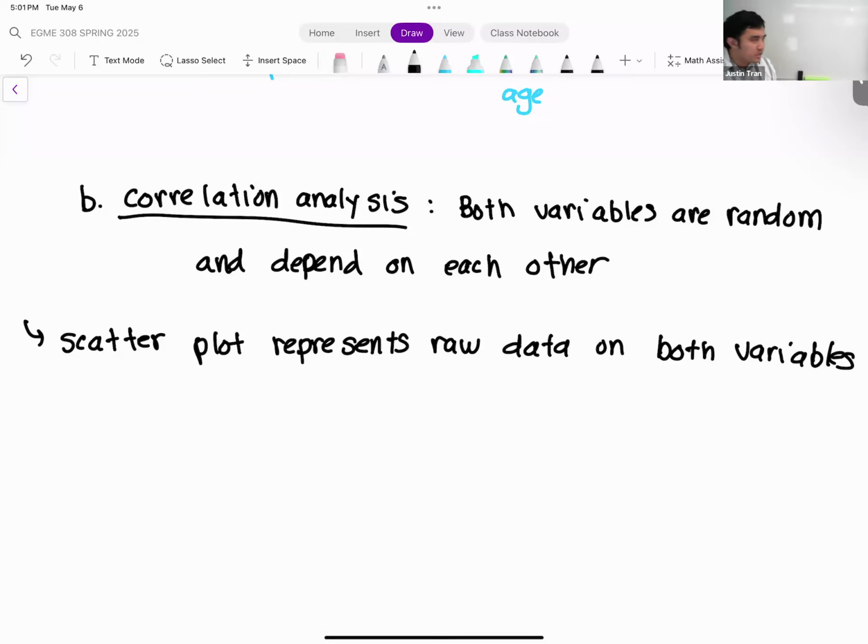Now, a scatter plot by itself, sometimes a scatter plot is easy to visualize, but it's not the easiest thing to describe to someone, right?